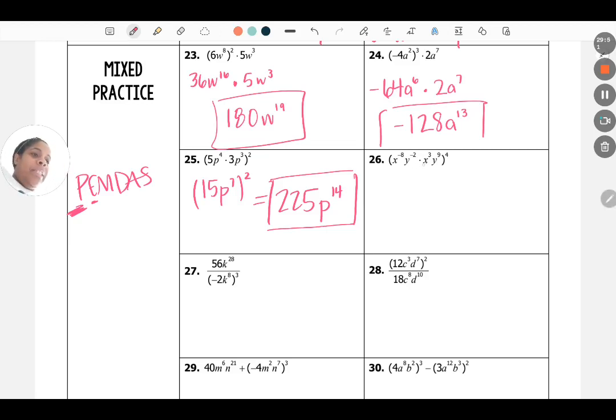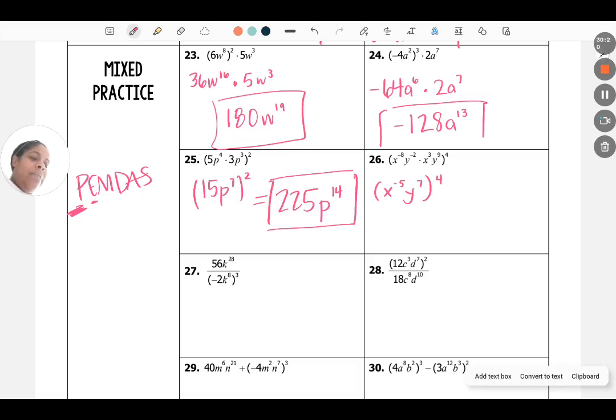All right. Parentheses first. So because these two things are being multiplied, I'm going to add the exponents inside. So I'm going to have x, negative 8 plus 3 will give us a negative 5. Then y, negative 2 plus 9 will give us a positive 7. And all of that raised to the 4th. All right, we can do this.